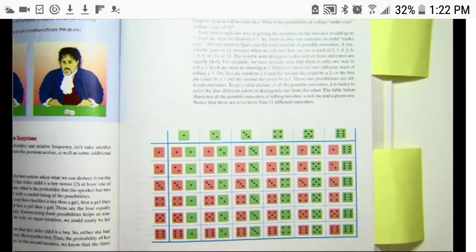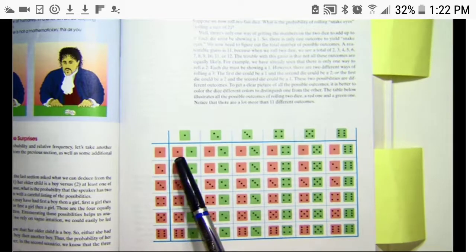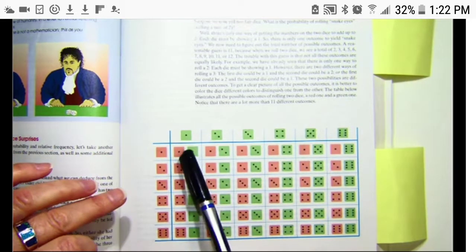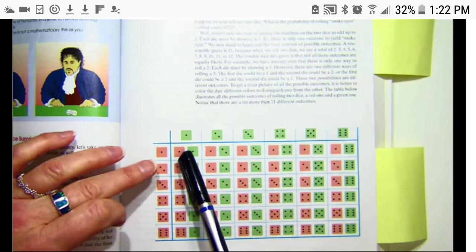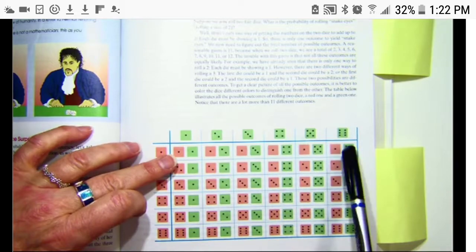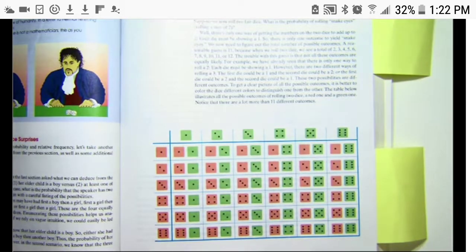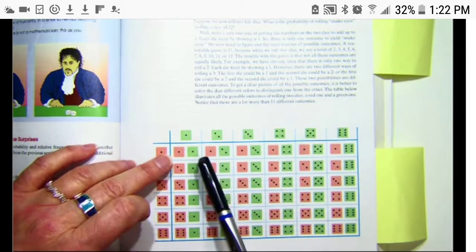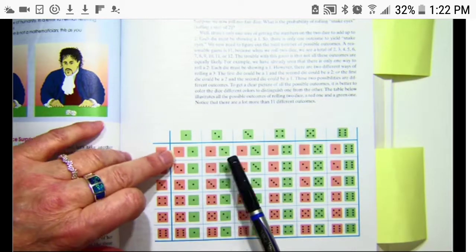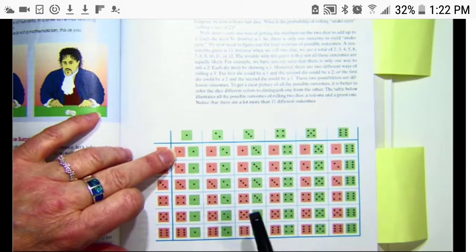You could have a 1 and a 1, that was a pair, so we didn't want that one. So once you have a red 1, well then you could have a green 2, or a green 3, 4, 5, or 6, but we could not have a 1. So the red 1 could have 5 different greens with it, just so it wasn't the 1.